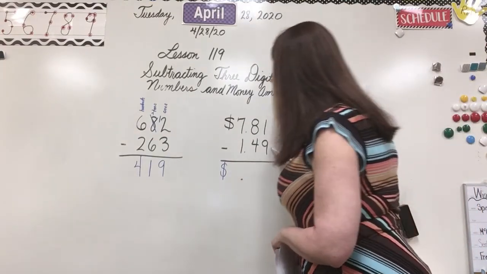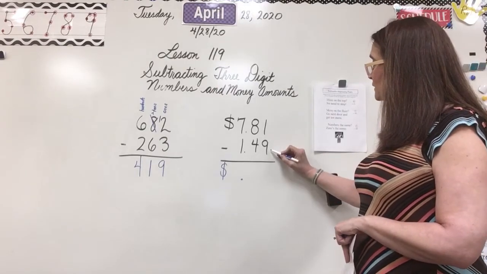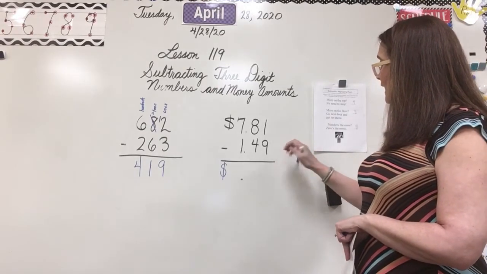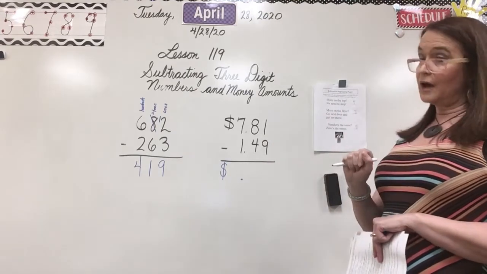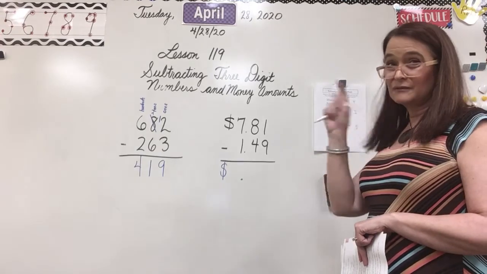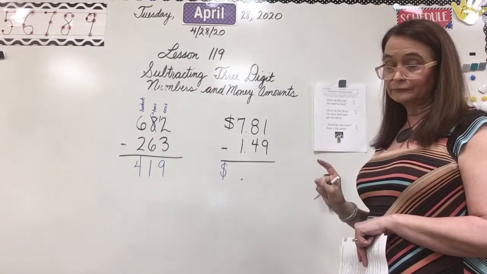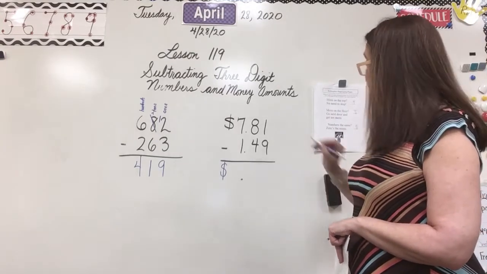So again, we start over in our ones column, and we look at our ones here. Is there more on the floor, or is there more on top? Well, obviously 9 is bigger than 1, and we can't take 9 ones from 1. So, Jasper, what would I need to do here?